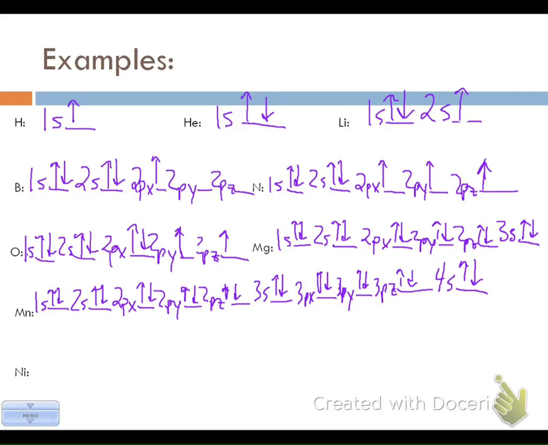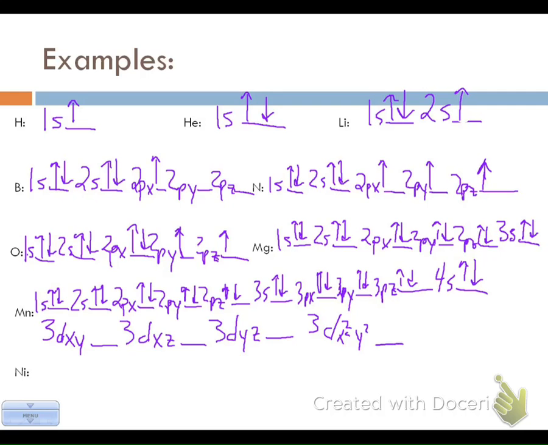After that, now I have the 3ds. And the d orbitals are 3d xy, 3d xz, 3d yz, 3d x squared minus y squared, and finally 3d z squared.